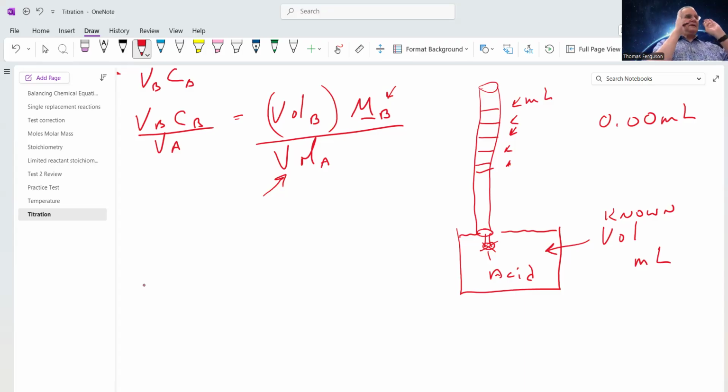Now, for lab 15 and 16, we're using a monoprotic acid, which is 1-to-1. 1 mole of acid reacts with 1 mole of base. If we're using sulfuric acid or oxalic acid or something like that, then it's 2 moles of base to 1 mole of acid. But for our class, it's going to be 1-to-1 because the balanced chemical reaction has a coefficient ratio of 1-to-1.